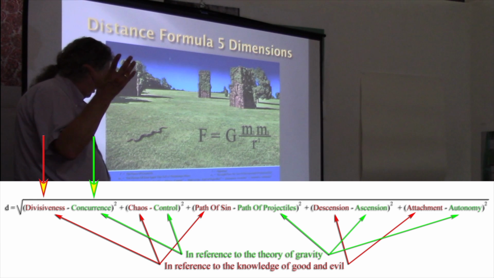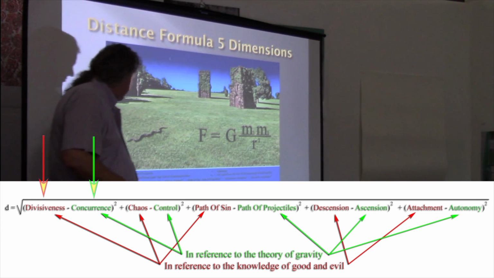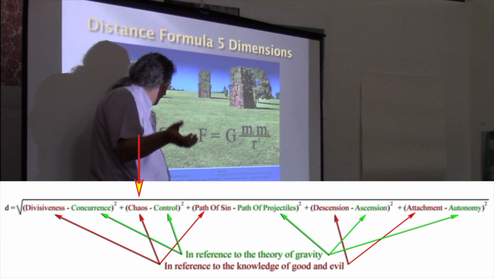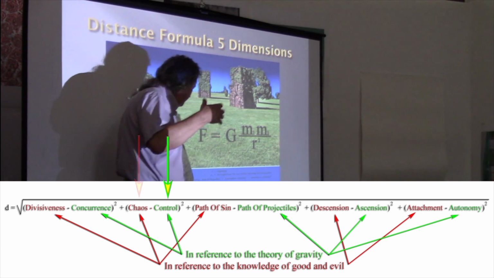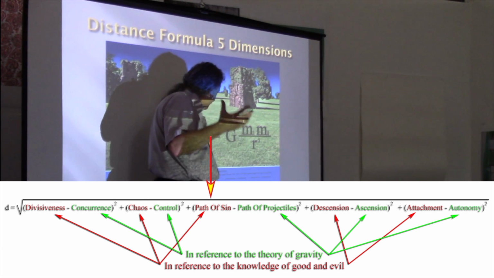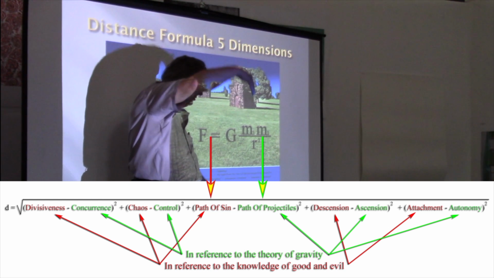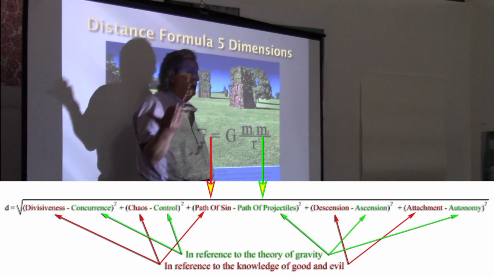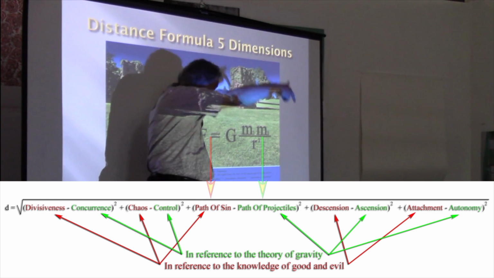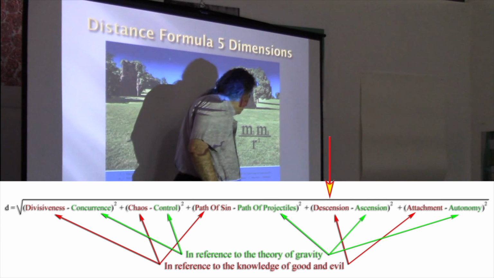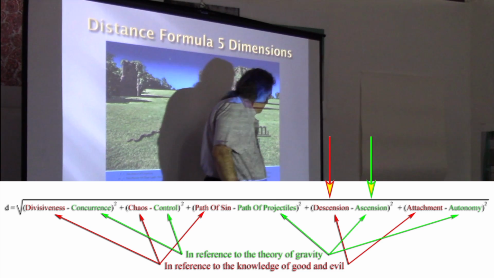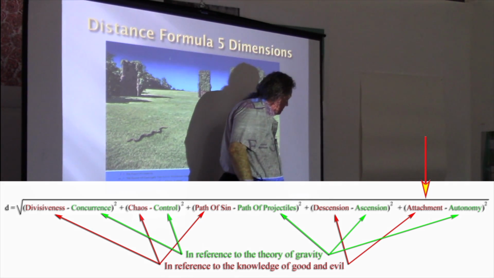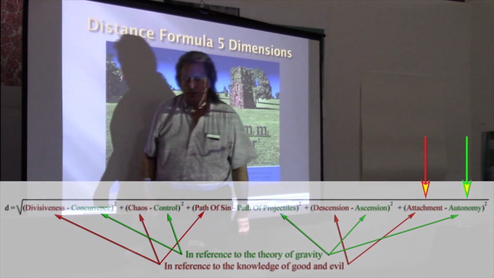Divisiveness for the Garden of Eden, concurrence with Newton, chaos in the Garden of Eden, control with Newton, the path of sin from the Garden of Eden, the path of projectiles from Newton. This equation can be used to calculate the path of a projectile. Dissension from the Garden of Eden, ascension from Newton, attachments in the Garden of Eden, and autonomy with Newton.